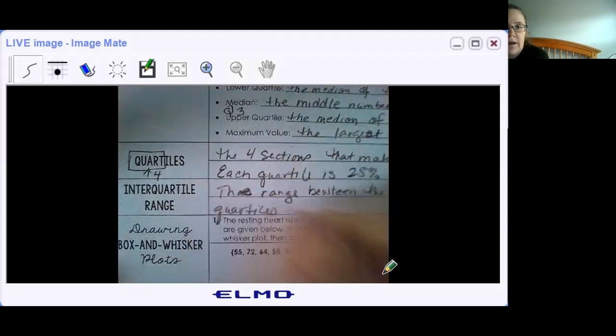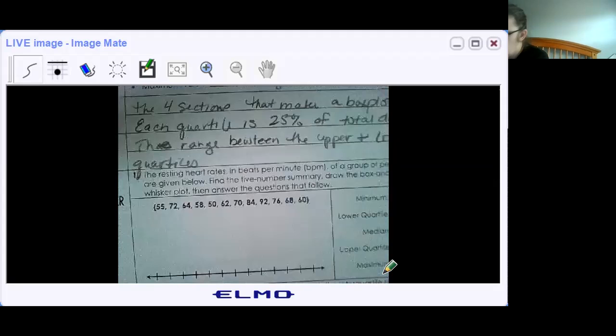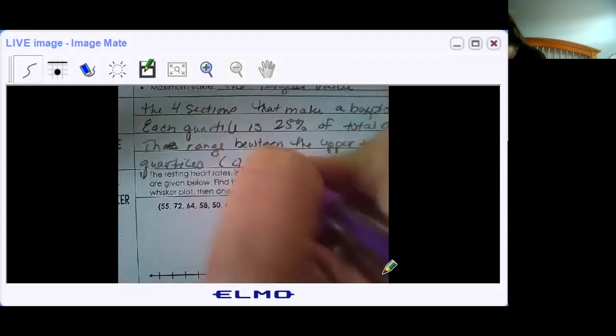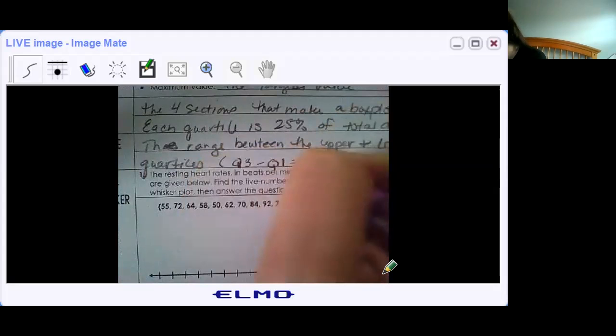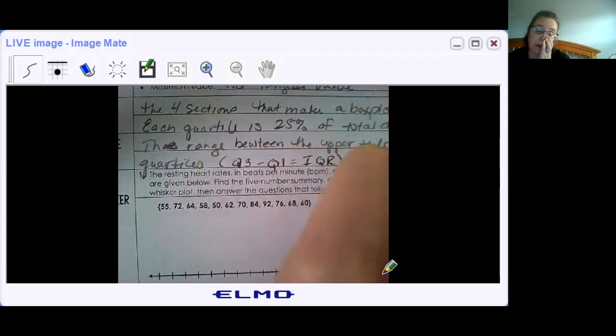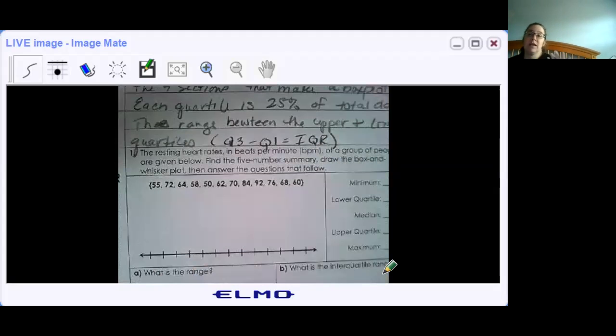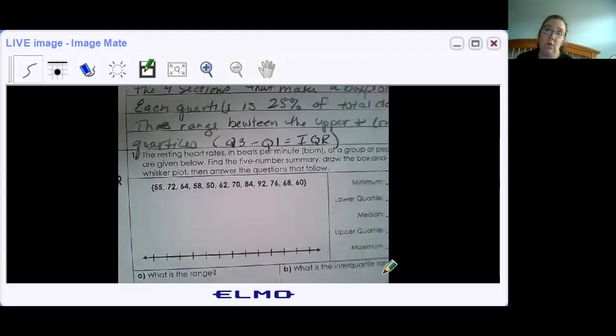Which means we are going to take Q3 and subtract Q1 to get the interquartile range. And most of the time, instead of writing that out, they'll call it the IQR. Okay, that's why we did that.